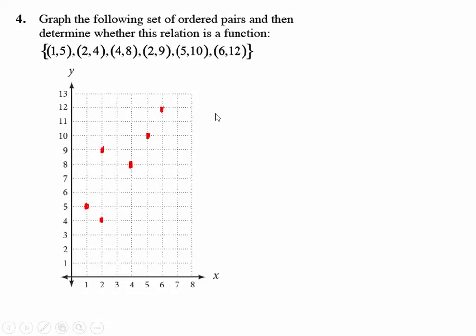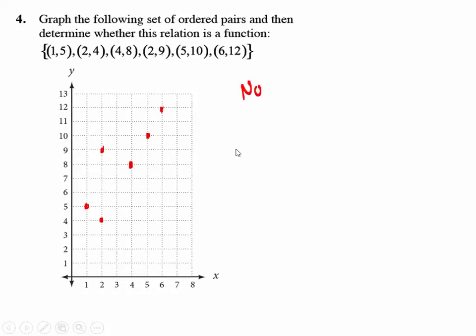So let's think of 2 definitions here. So if you have a graph, the problem comes in is when you have the same x coordinate going to 2 different y coordinates. That's our problem. So if you go over here, actually we can use the same definition. If I have this 2, 2 goes to a 4, and then I have the 2 again, then that 2 goes to a 9.